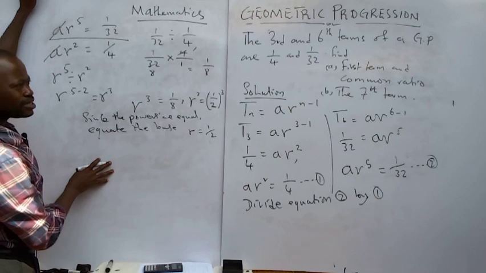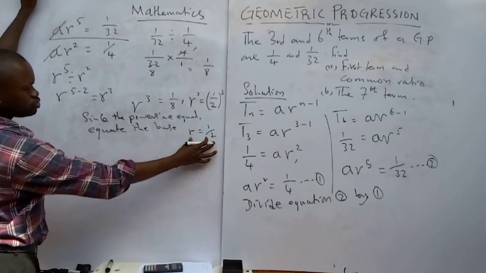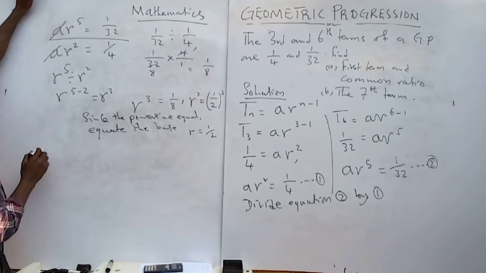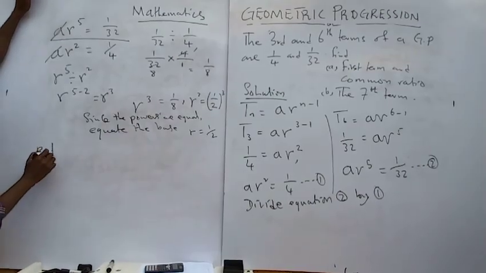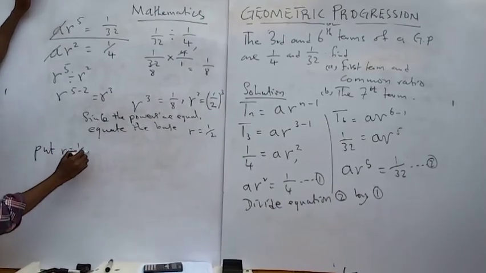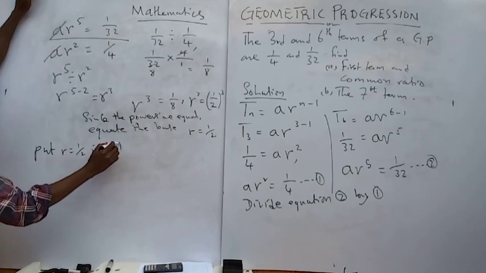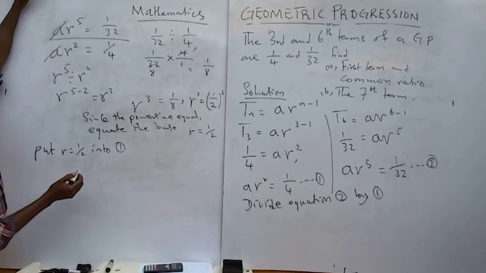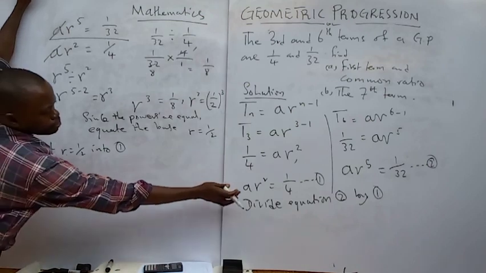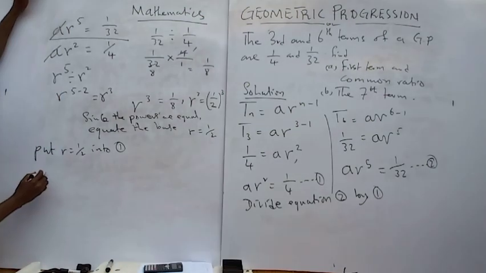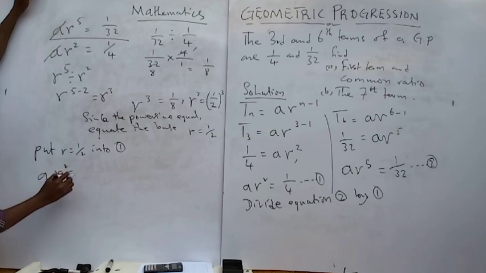Is that the last question they asked there? Find the first term and the common ratio. I found the common ratio. Then I can put r equals 1 over 2 into equation 1. That will help us to find the first term. Equation 1 is a r squared equals 1 over 4.